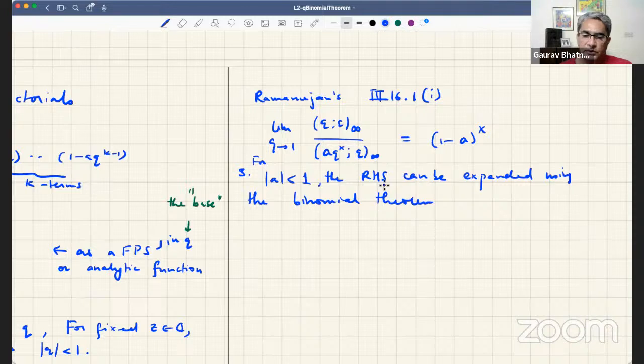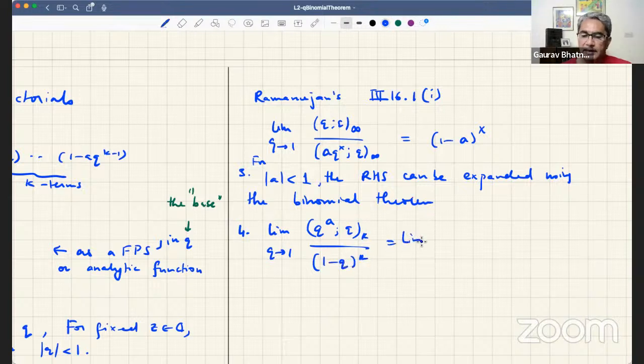So this will be used subsequently many times. And there is one more limit which is very important. If you just take (q^a; q)_k, the q rising factorial, divide it by (1 - q)^k and take the limit.